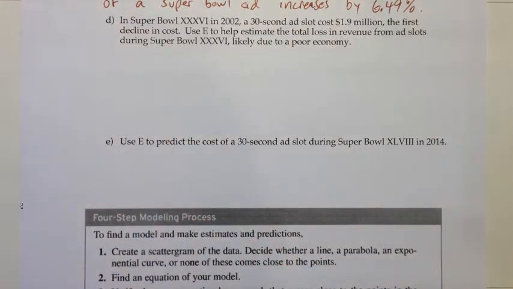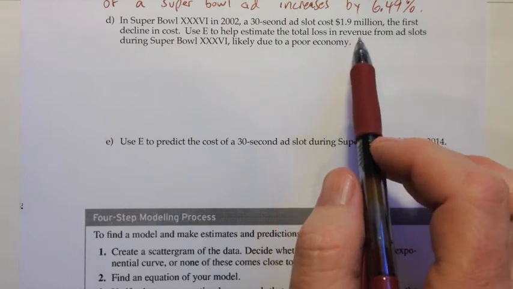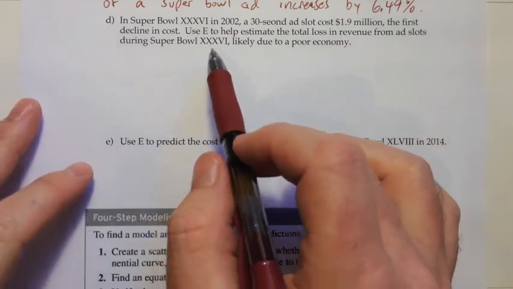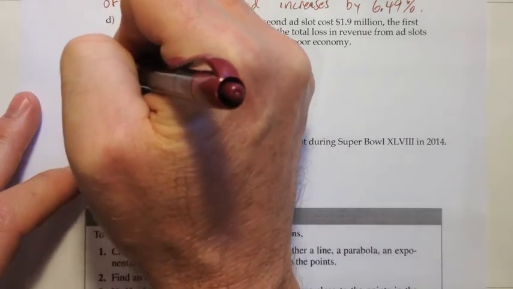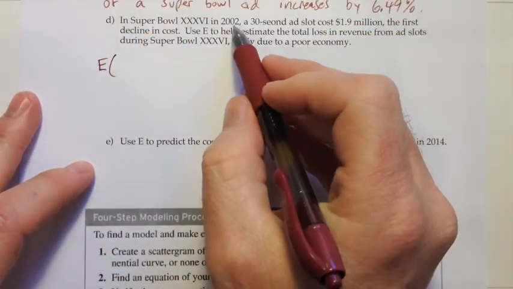In 2002, a 30-second ad cost $1.9 million, and that was the first decline in cost. Use E to help estimate the total loss in revenue from ad slots during Super Bowl 36, which was likely due to a poor economy that year. So they're telling us how much it really cost, but they're saying, look, we're probably going to get better estimates of what it should have been from the E function, so let's use that to make our estimate.